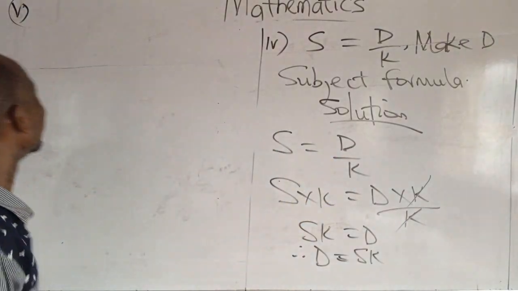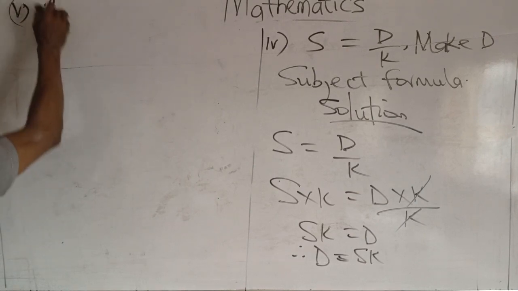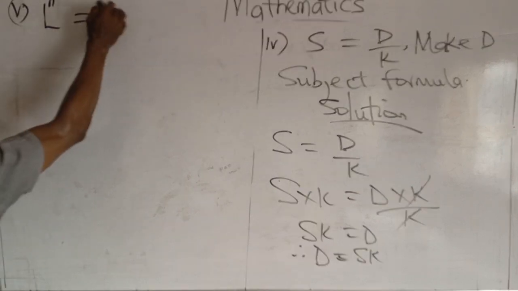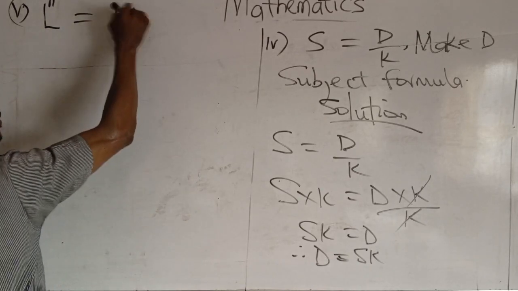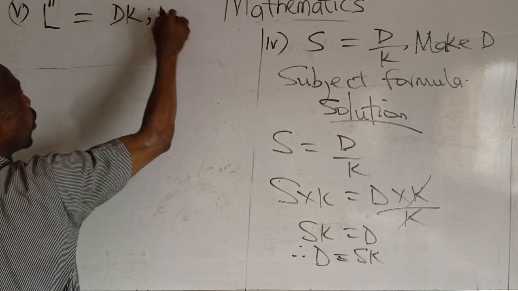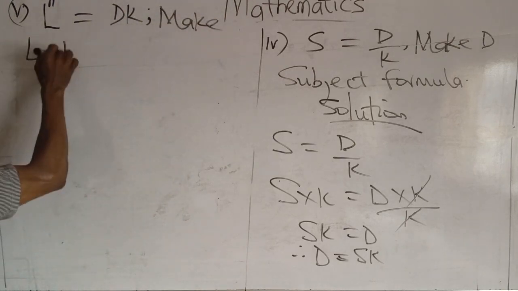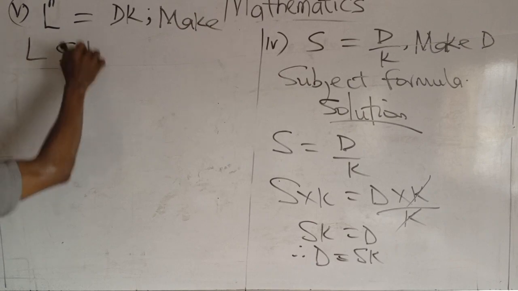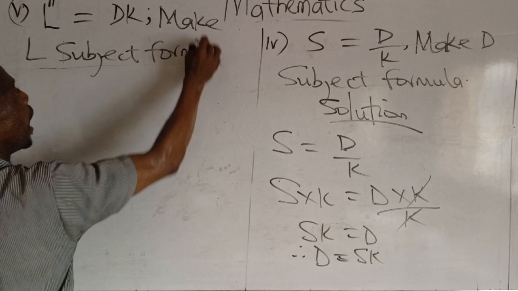Now let's look at that. Let's say we have L raised to power n is equal to DK. And here we want to make L the subject of the formula.